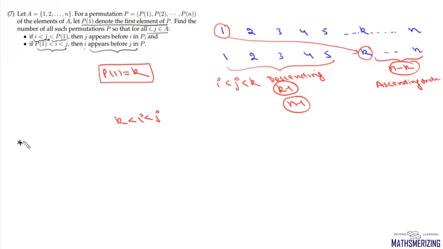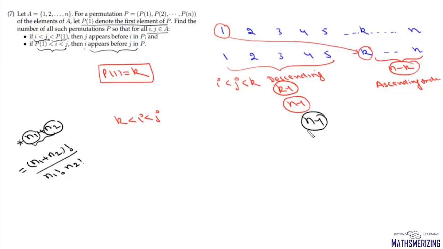Here the simple fundamental is, suppose we have n1 plus n2 objects, then the number of arrangements of these n1 plus n2 objects such that the order of n1 should not change and the order of n2 should not change is given by factorial of n1 plus n2 upon factorial n1 and factorial n2. So we have to arrange these n minus 1 numbers in such a way that the order of the k minus 1 numbers should not change, they should appear in descending order, and the order of the n minus k numbers should not change.